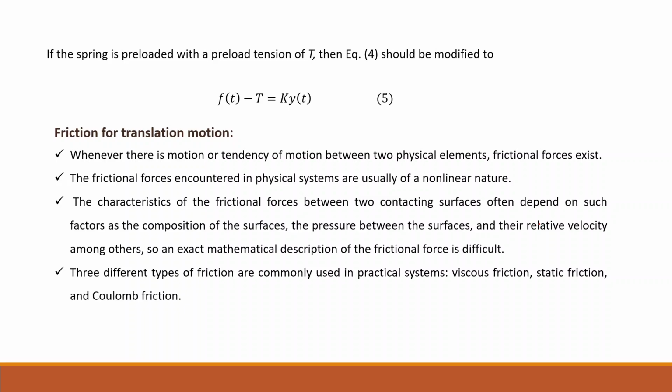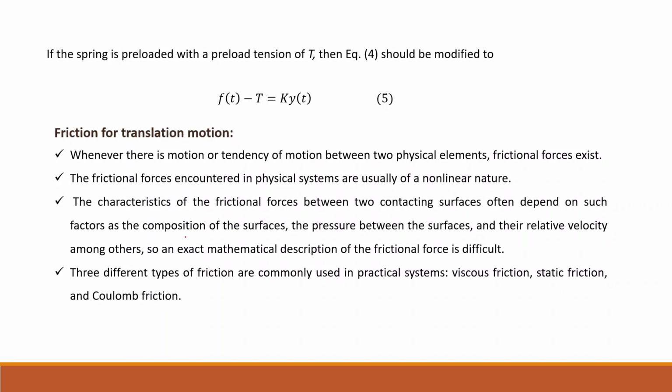Next comes friction for translational motion. Whenever there is a motion or tendency of motion between two physical elements, frictional forces will occur for sure. Frictional forces are usually nonlinear in nature. The characteristics of frictional forces between two contacting surfaces often depend on factors such as the composition of the surfaces, the pressure between the surfaces, and their relative velocity, among others.